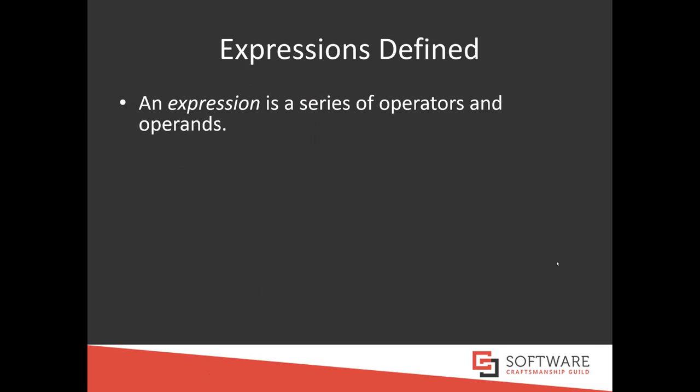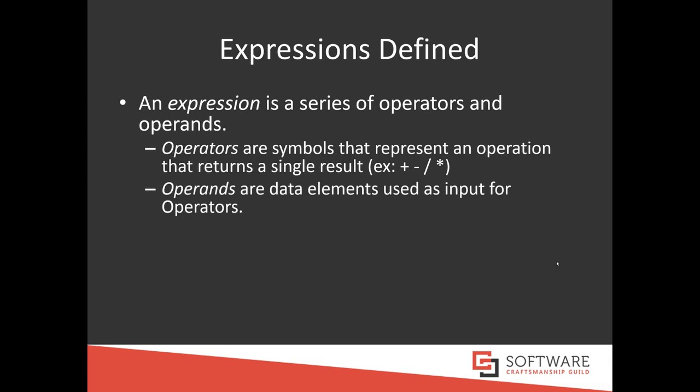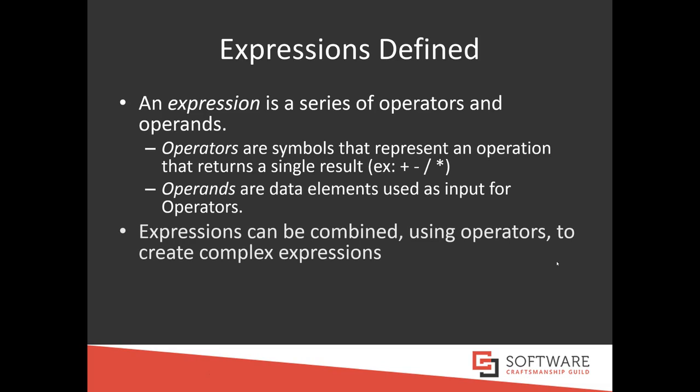An expression is a series of operators and operands. Operators are the symbols that represent an operation. They return a single result. Examples of operators: plus, minus, divide, multiply. The operands are the actual data elements that are used as input for operators.